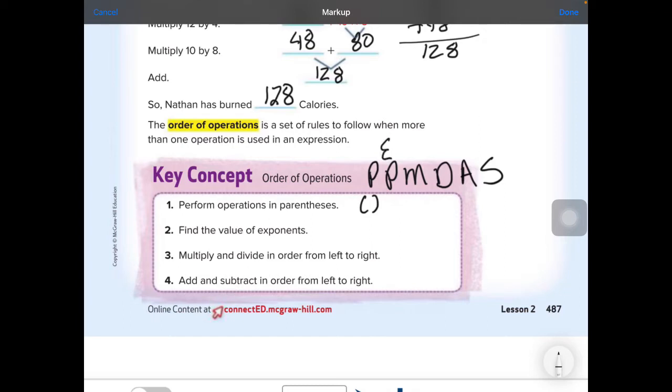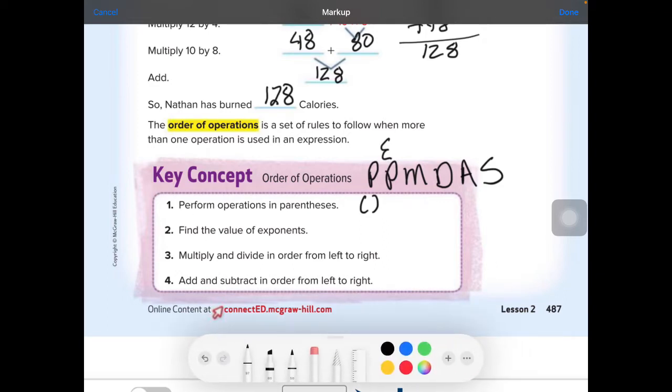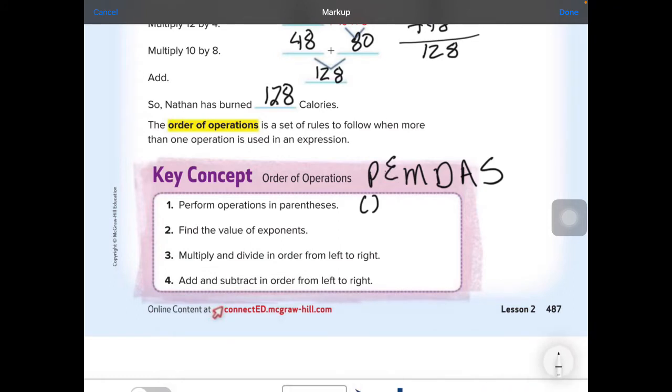I learned it as "pretty please," but I know nowadays they're trying to teach you that it's supposed to be an E. So I guess we'll write it instead of my old-fashioned way, PEMDAS. Okay, so then we have exponents. So let's do a number 1 and a number 1 here. Multiplication, division, addition, and subtraction.